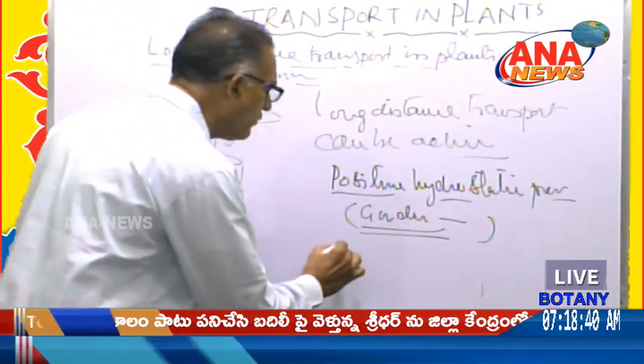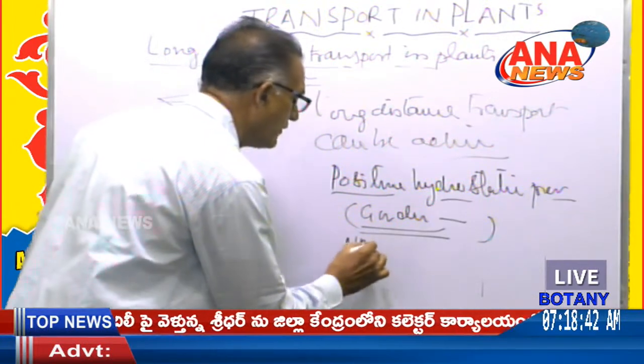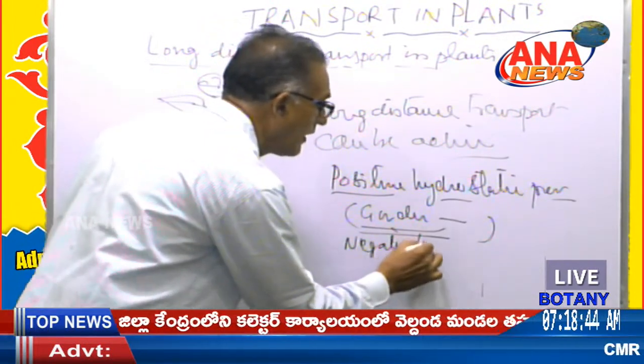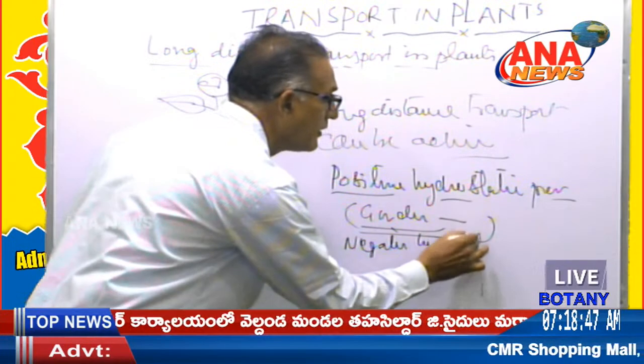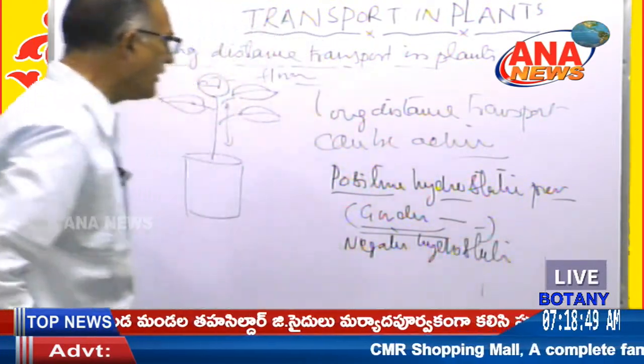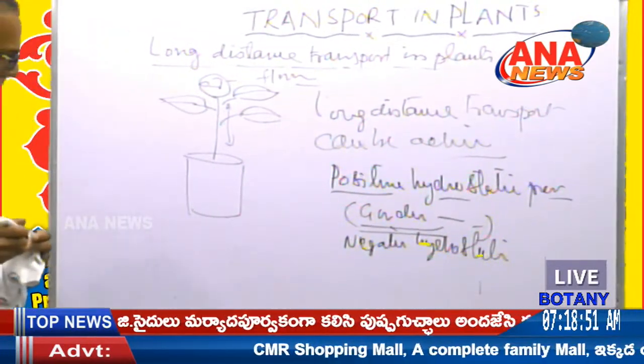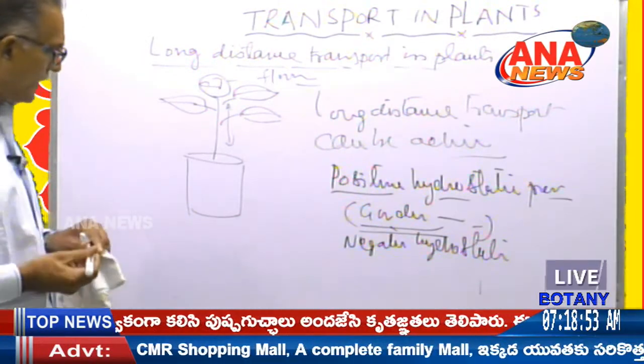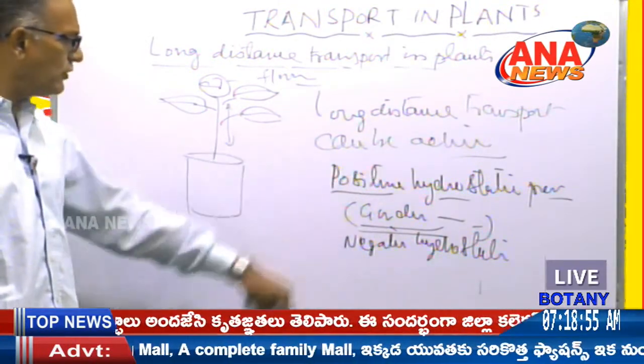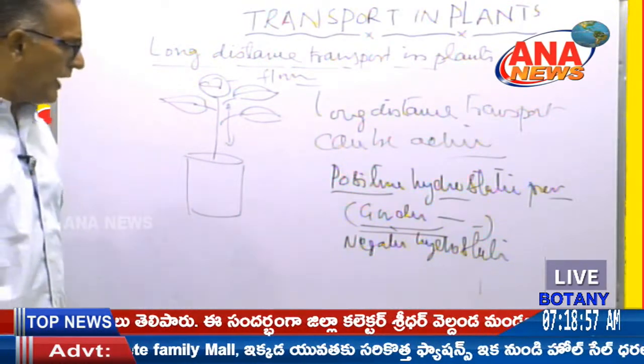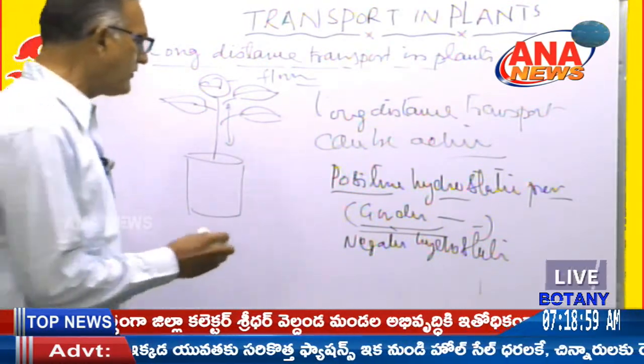Or negative hydrostatic pressure. The long distance transport can be achieved in tall plants, in complex organisms, by positive hydrostatic pressure and negative hydrostatic pressure, the suction pressure.